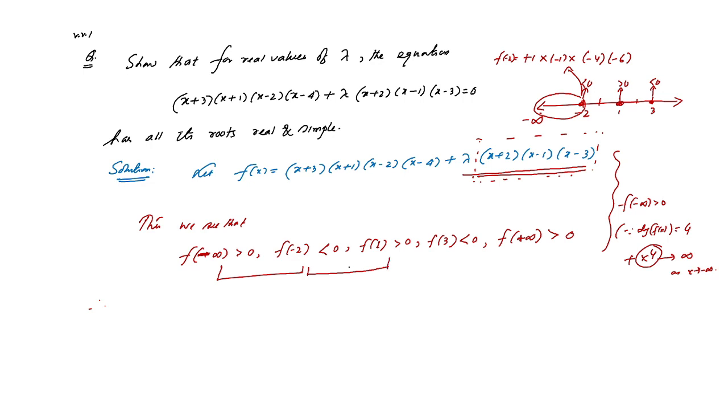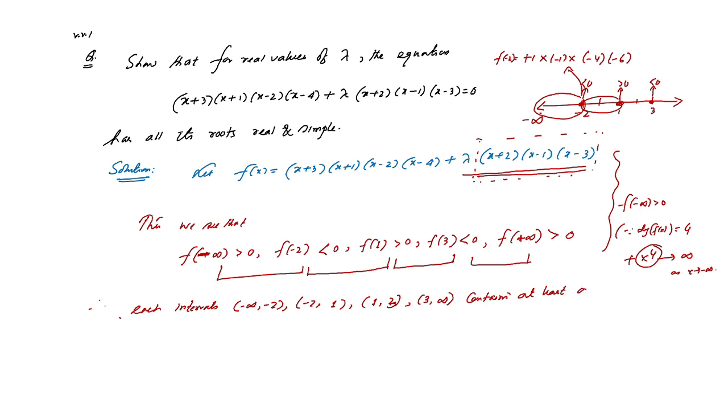And this product f of minus 2 times f of 1 is negative, that means it contains a root. 1 to 3, and 3 to infinity are also contained because they have opposite signs. So each interval, minus infinity to minus 2, next minus 2 to 1, next 1 to 2, 1 to 3, and after that 3 to infinity, contains at least one real root of the equation f of x equals 0.